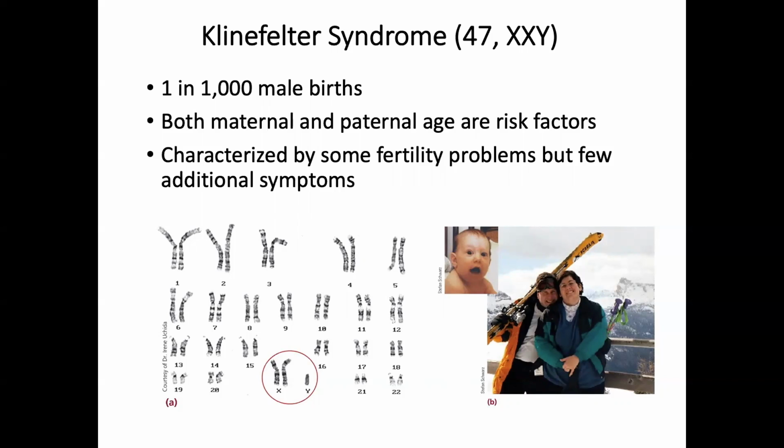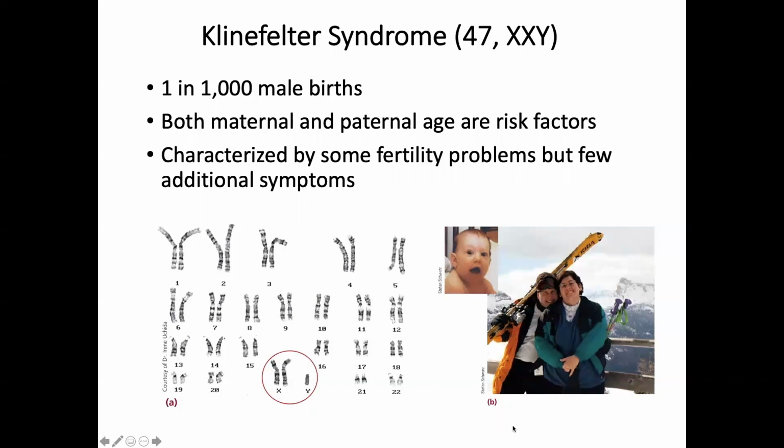This happens in 1 in 1,000 male births, and both maternal and paternal age are risk factors. The primary features are infertility and small, poorly functioning testicles. Intelligence is usually normal. However, reading difficulties and problems with speech are more common.